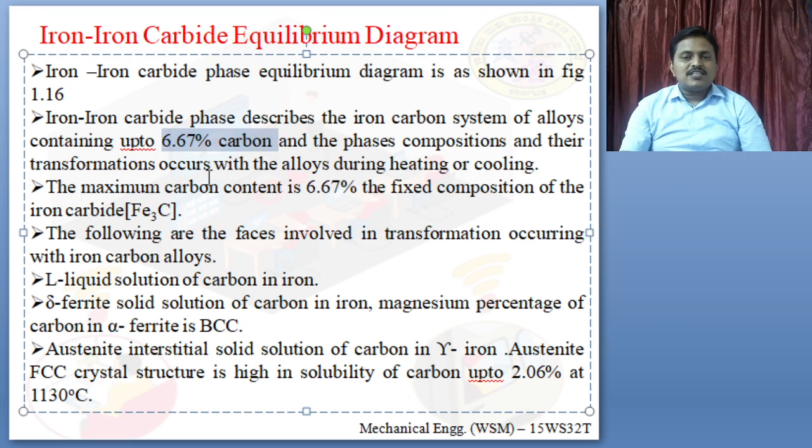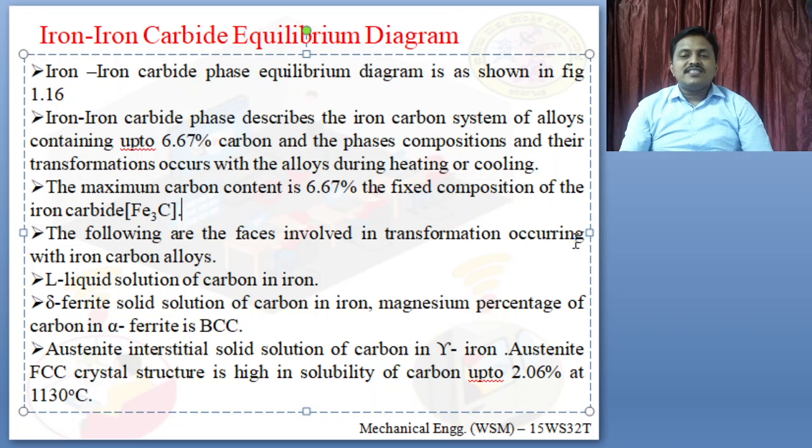Maximum is 6.67, and the phase composition and their transformations occur in an alloy during heating or cooling. From liquid to solid is cooling, from solid to liquid is the heating process. Next, the maximum carbon content is 6.67 percent, in the fixed composition of iron carbide, Fe3C.